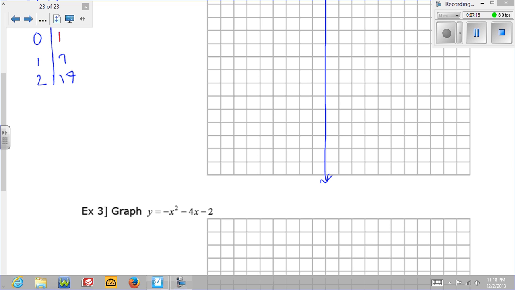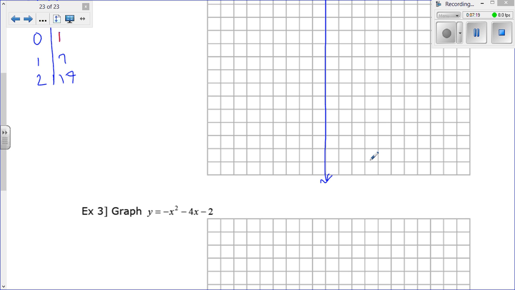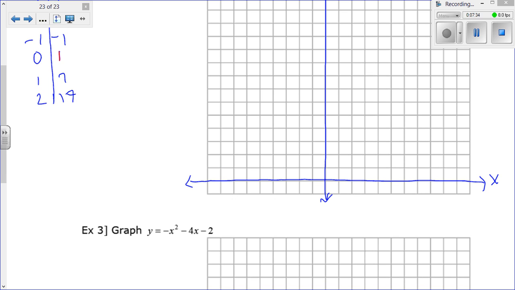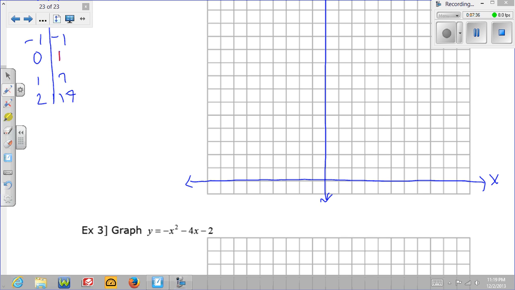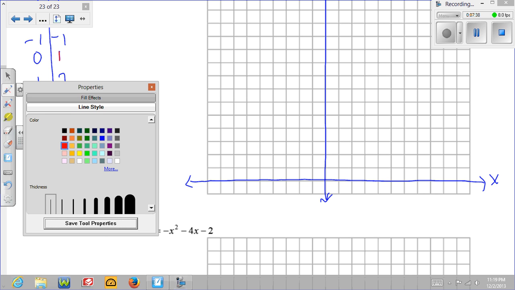Otherwise, I'm not going to get all of my points on the graph. And if that happens, it's not a big deal. Just graph what you can.